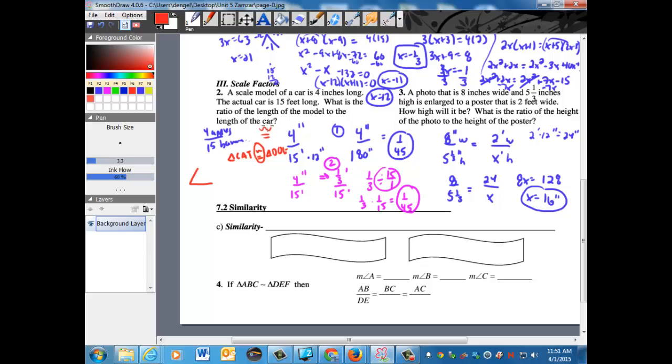Okay? And so when something is similar and equal, it turns into congruent. Well, today we're just going to learn about similarity, which is this sign. So we'll be looking at two objects that aren't congruent, that aren't equal, but they are similar.